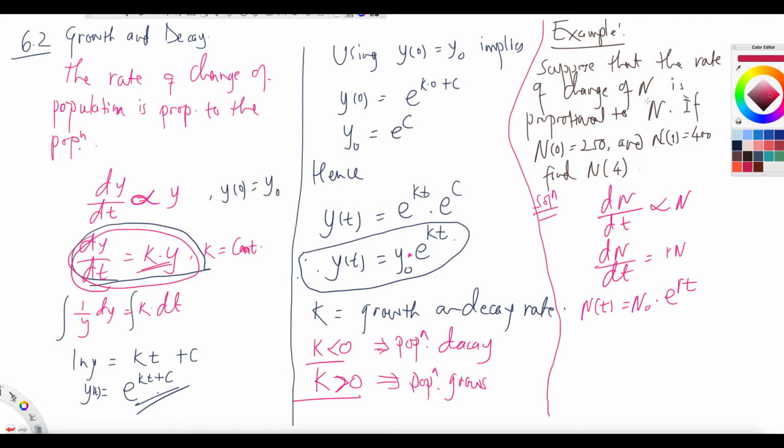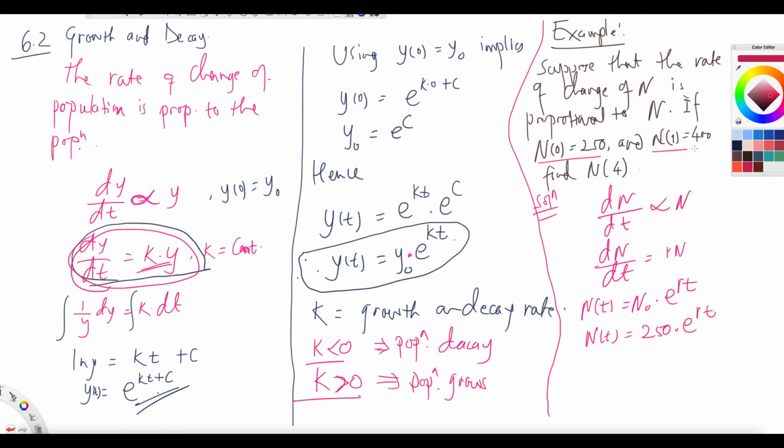Now n0 is given as 250. Therefore n(t) equals 250 times e to the rt.